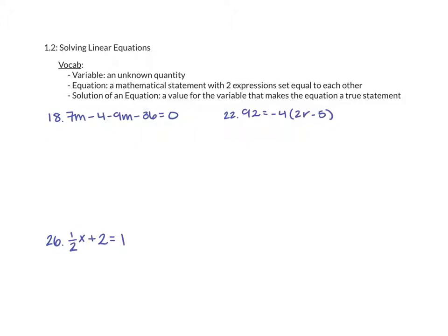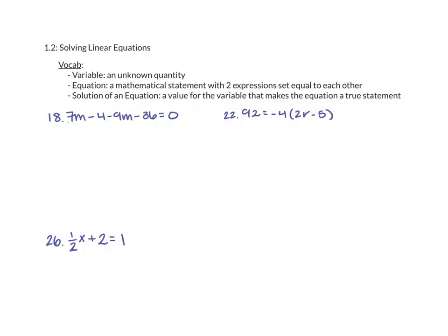Number 18 says 7m minus 4 minus 9m minus 36 equals 0, and we want to solve this linear equation for the variable given. In this case, it's m. First thing I'm going to do is see which ones are the common terms.